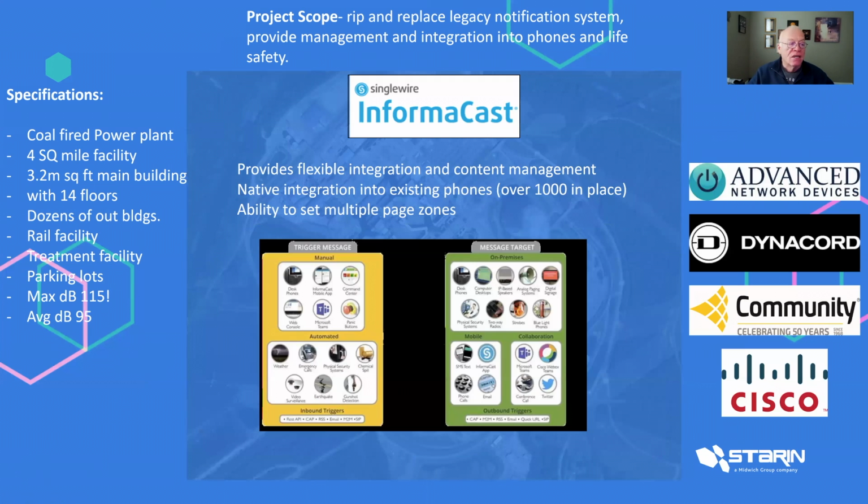So what we used was Informacast, Advanced Network Devices, Dynacord amps, and Community. Now, this is going to be finished in the next few months. It's a pretty impressive setup. The Informacast connects to all of their existing legacy Cisco phones that are on every desk in every office.